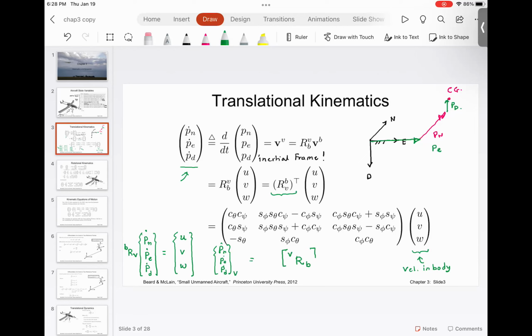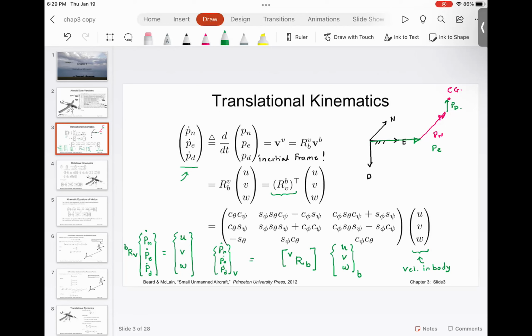This is the rotation transformation multiplied by U, V, and W, which are in the body frame. This is exactly the same as having a vector in the body frame, multiplying with this transformation, and getting the vector in the vehicle frame. So this is the transformation that we derived in the last class.